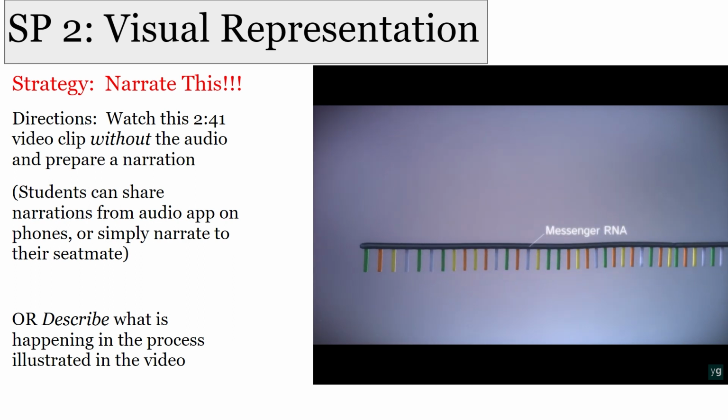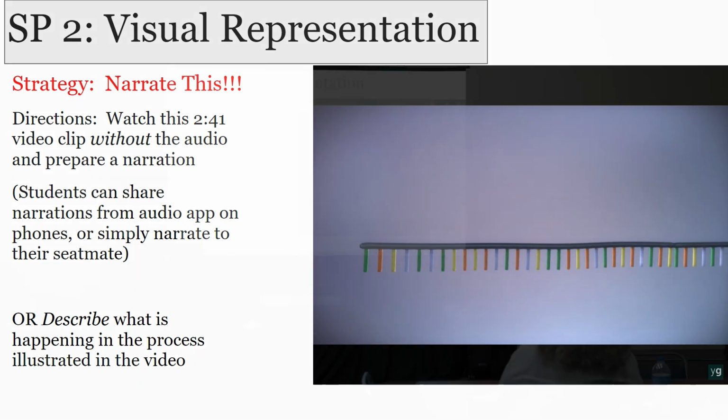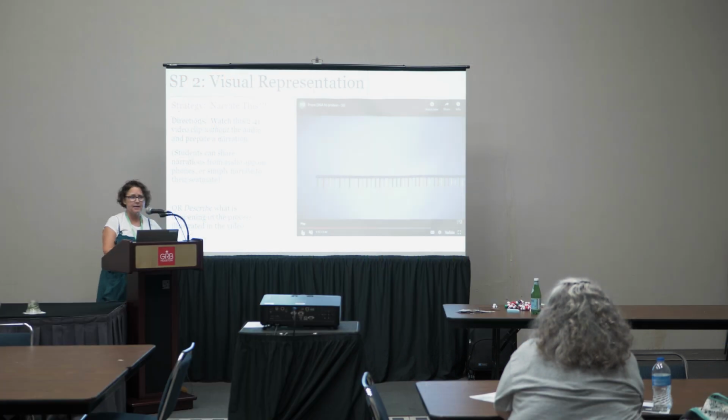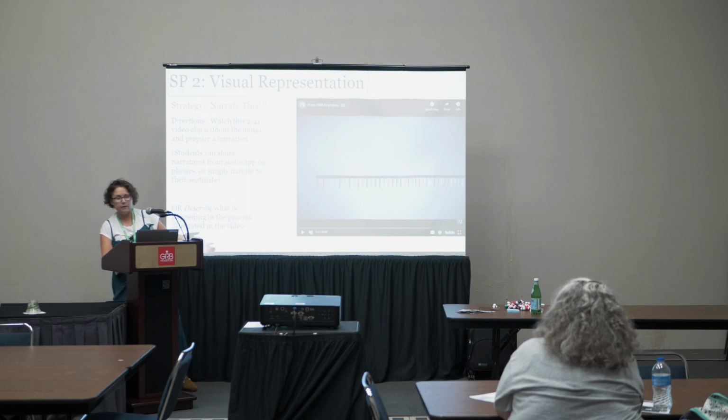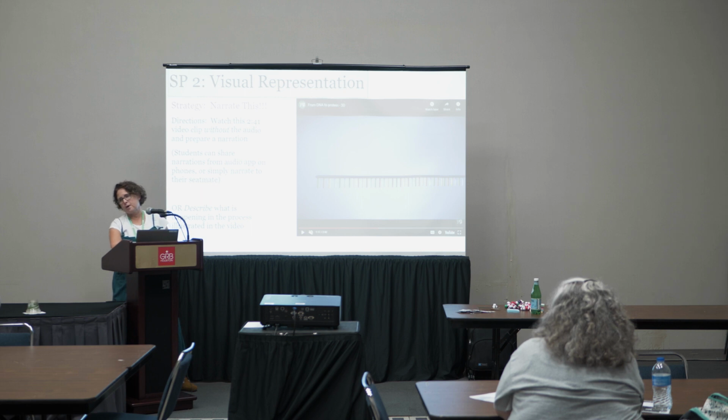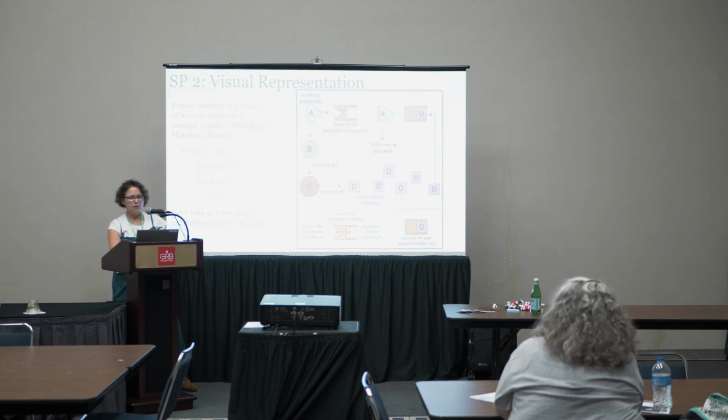If instead of a narration, you're interested in having them describe the process or explain something about the process, that's also super cool. But I love that one because it's quick. You can find it really easily online, and it gives students an opportunity to use their own voice, which is critical.